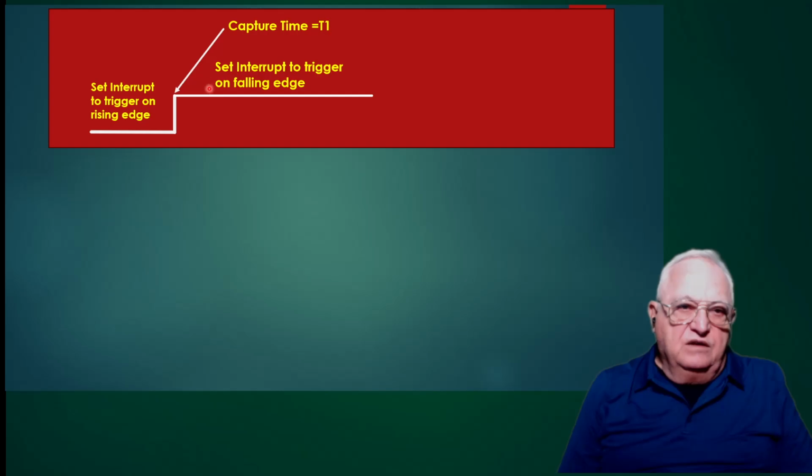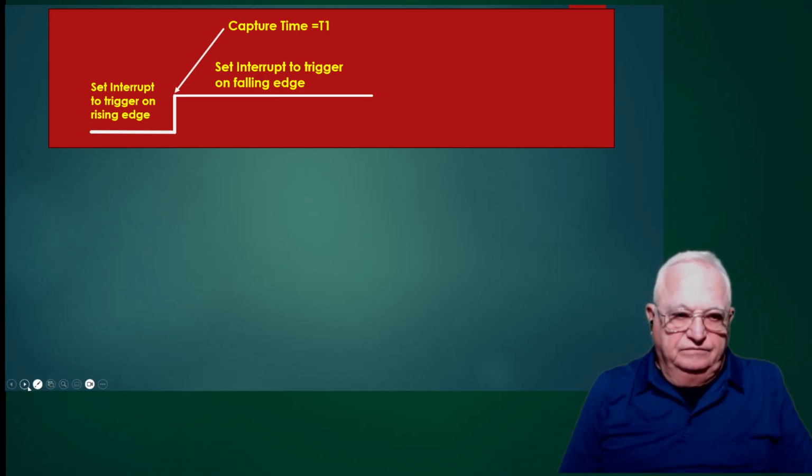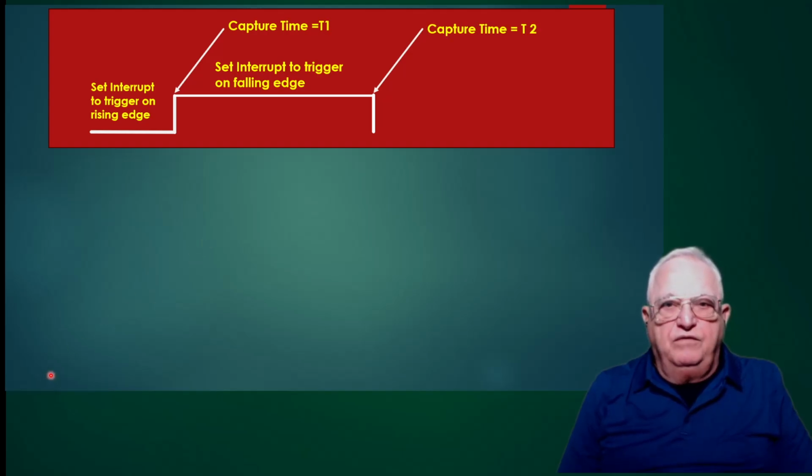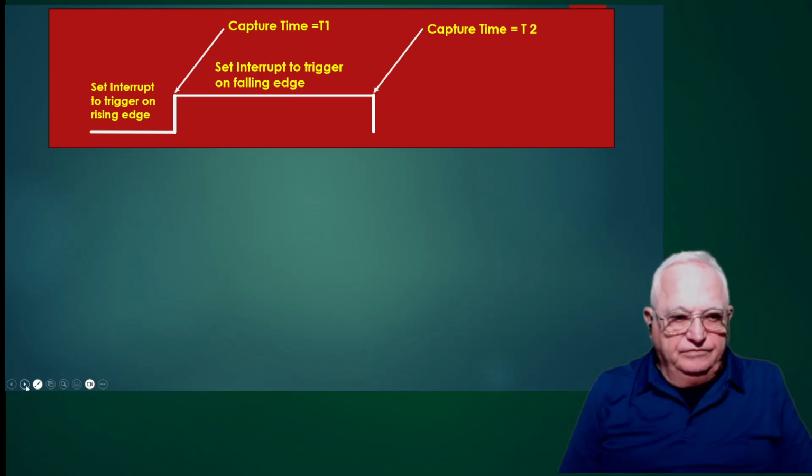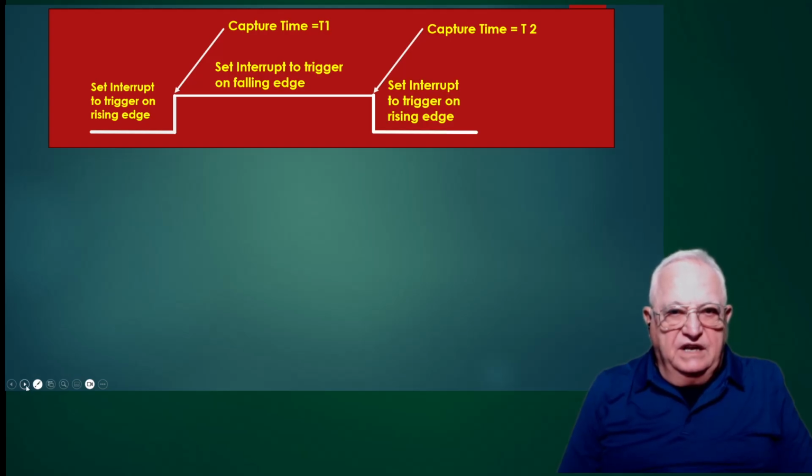Next, we set the interrupt to trigger on falling edge. As soon as we get the falling edge, which triggers the interrupt, we capture the time. And after capturing the time, we set the interrupt to trigger again on rising edge.